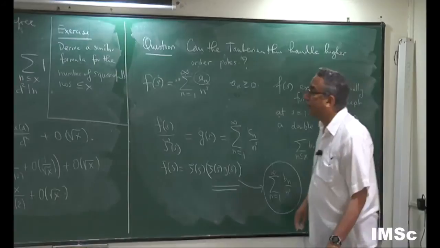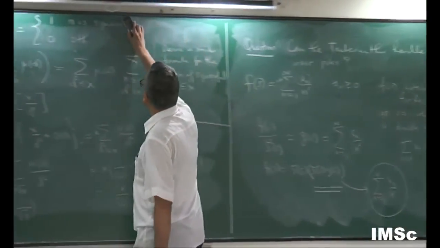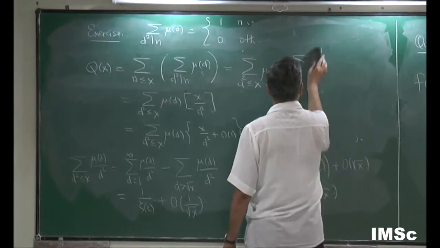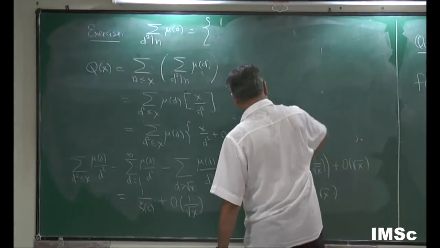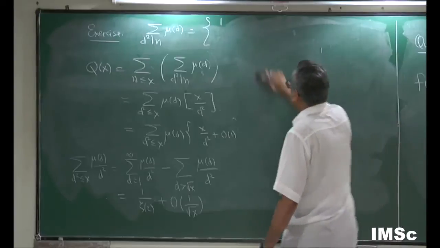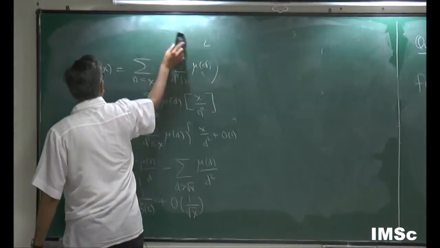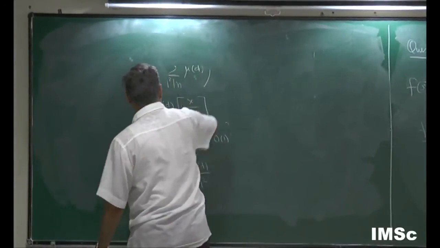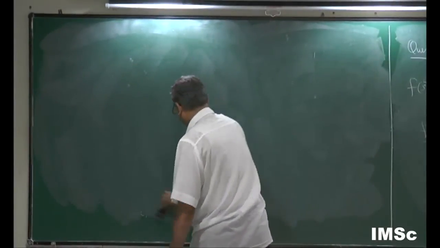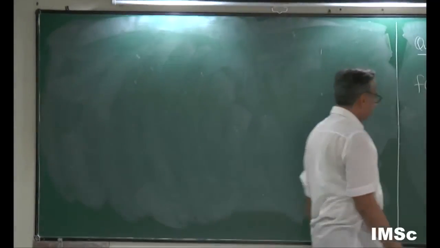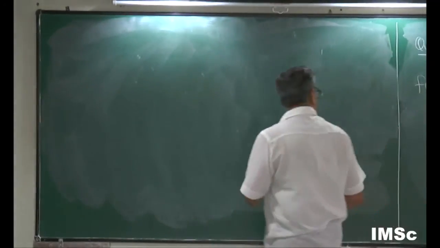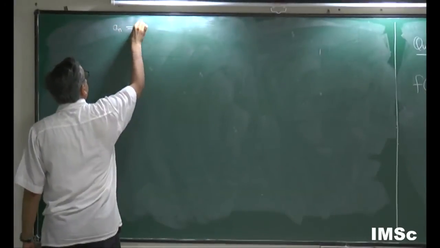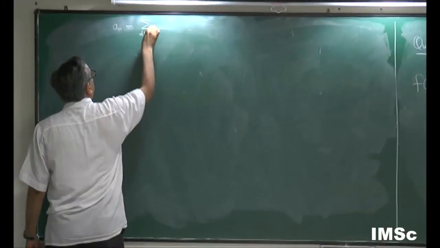So what you do is, well, here's the method that almost works, but not quite, and so I just want to explain this. What we do know is An is the summation over d divides n of bd.